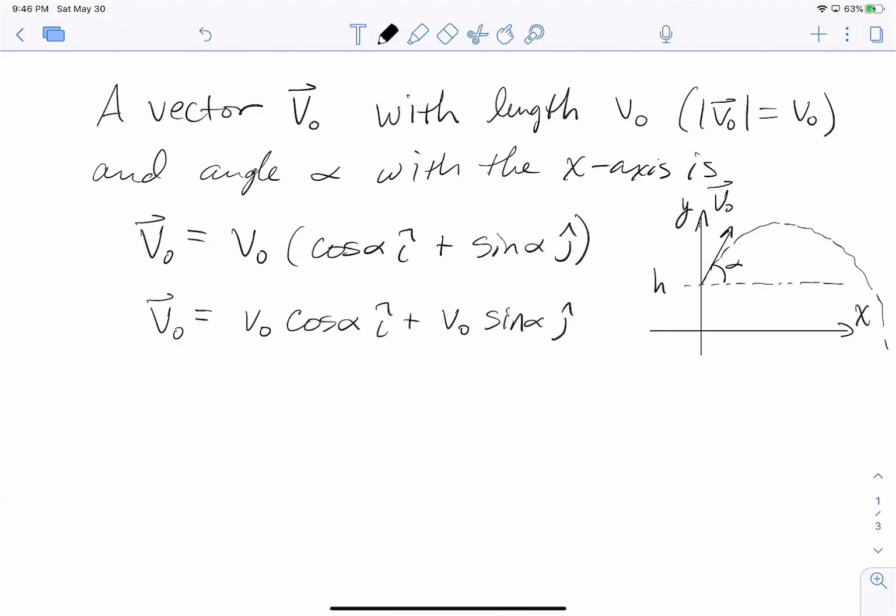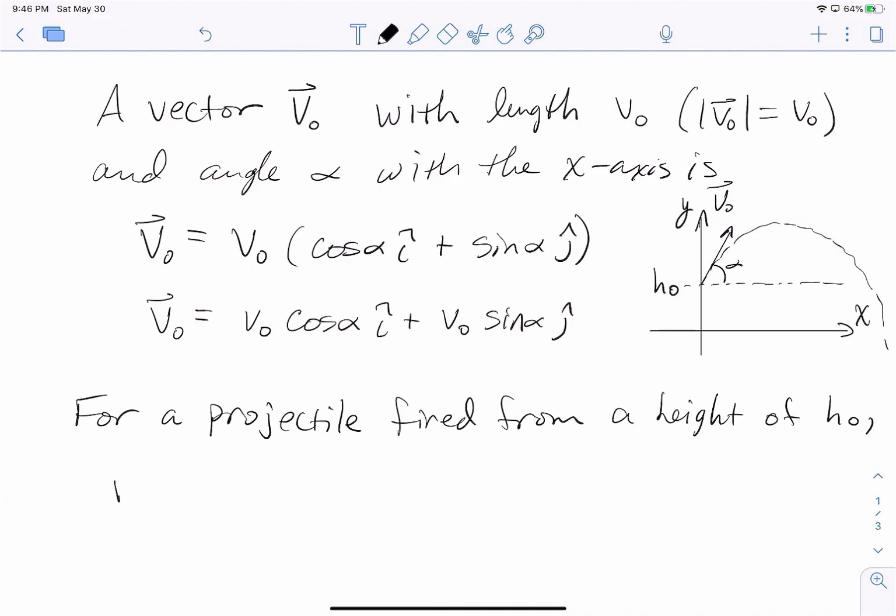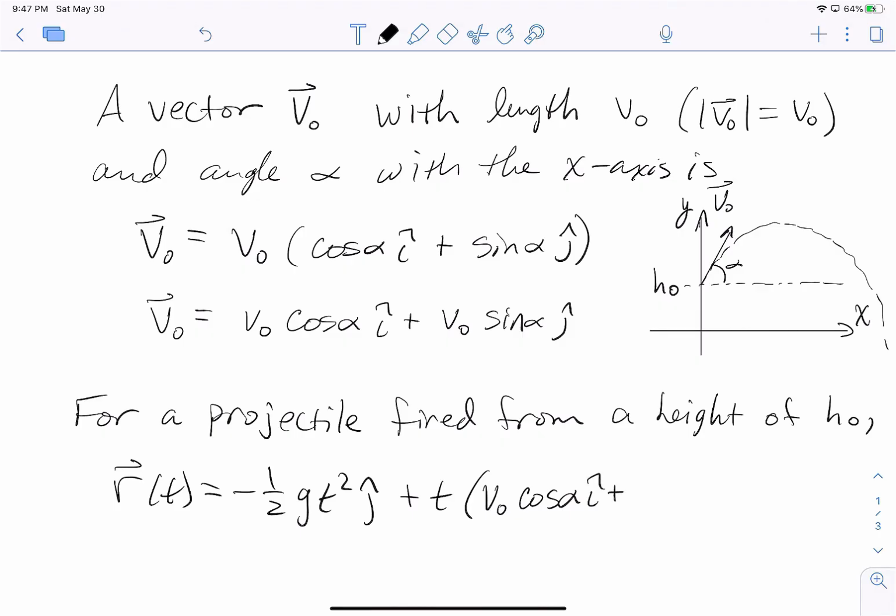If that initial height is h naught, then r of t is equal to negative 1/2 gt squared j. Let's try that again. It's negative 1/2 gt squared j plus t times the initial velocity vector, which is the scalar v naught times the cosine of alpha i plus v naught times the sine of alpha j, plus h naught j, because that's in the y direction.